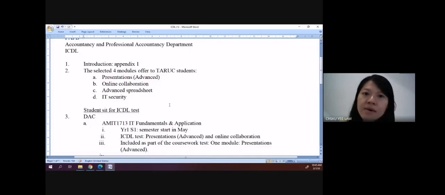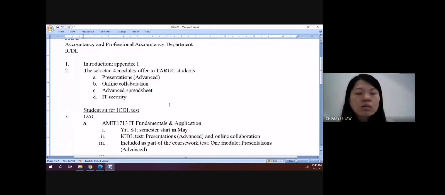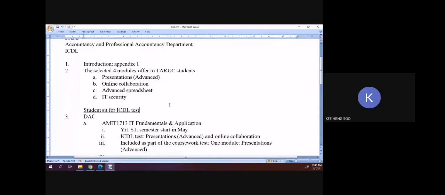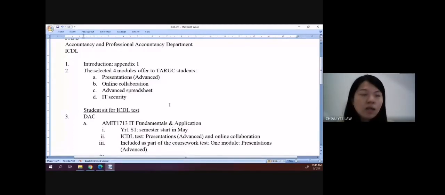Most of you should know ACCA, and I hope you are planning your own pathway for the future, maybe a degree plus a professional accounting certificate. ICDL is collaborating with ACCA, so all ACCA members are required to sit for this ICDL test as part of the requirement.